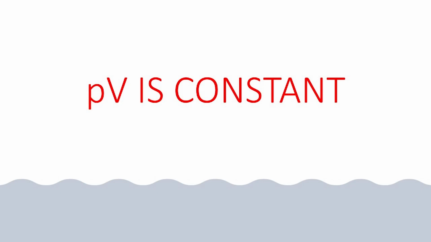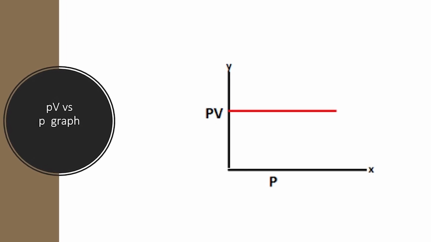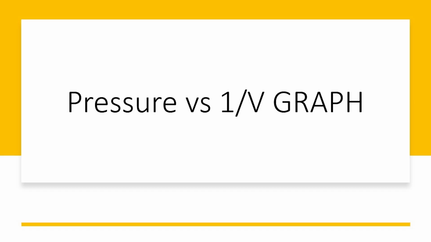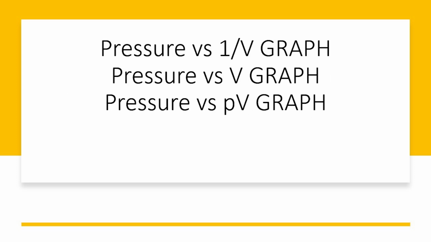We can find that PV is a constant. So how can we represent it graphically? We draw three graphs: pressure versus volume, pressure versus 1 by V, and pressure versus PV.